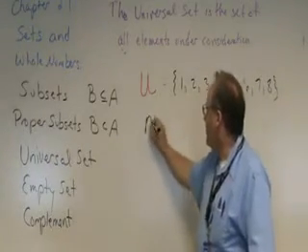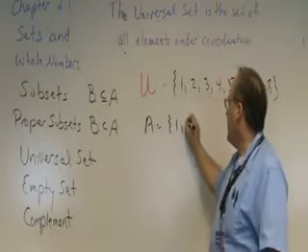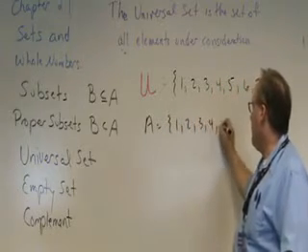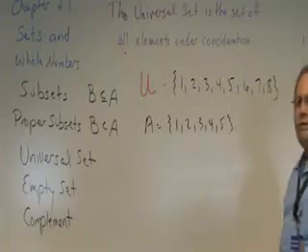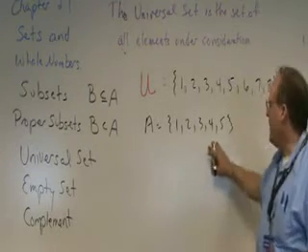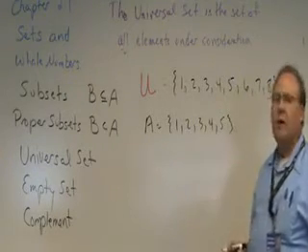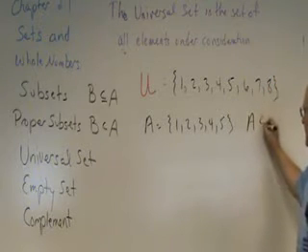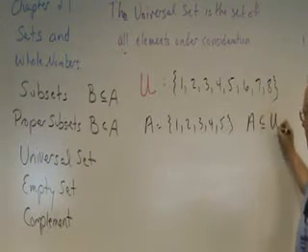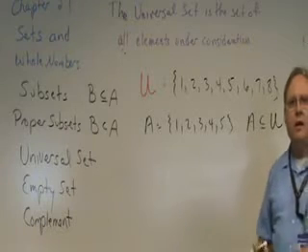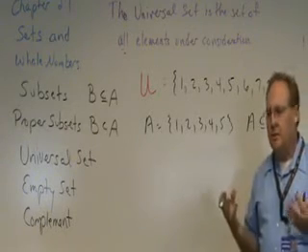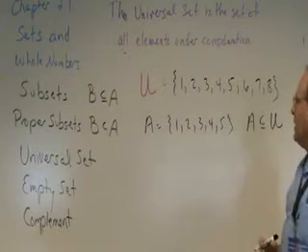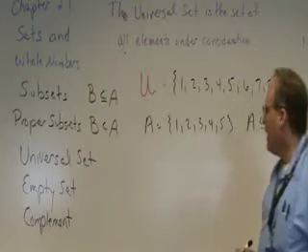So if I want to construct set A as being 1, 2, 3, 4, and 5. This is fine. Every element comes from here. And in fact, we know that A is a subset of the universal set. Every set is going to be a subset of the universal set.